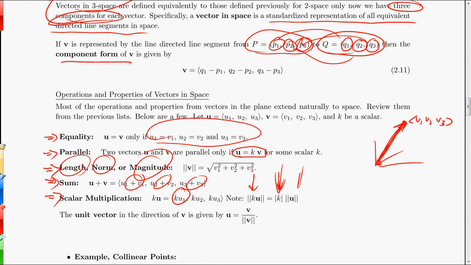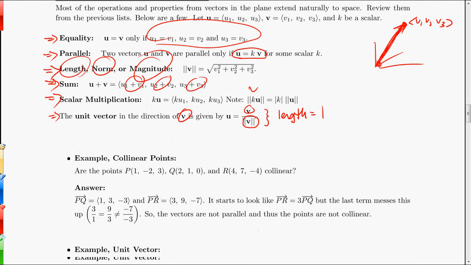If I want the unit vector in a specific direction, I take my direction vector, v, divide it by its length, and this thing here is called a unit vector because it has length 1. Right? Length equals 1. Example in collinear points.